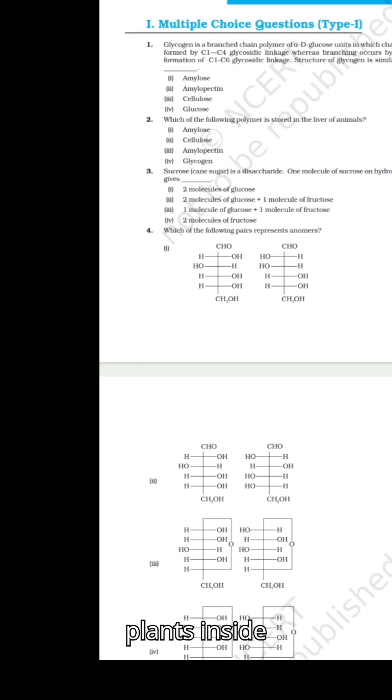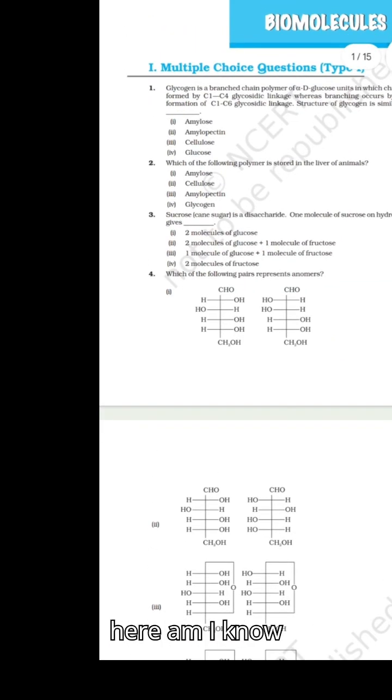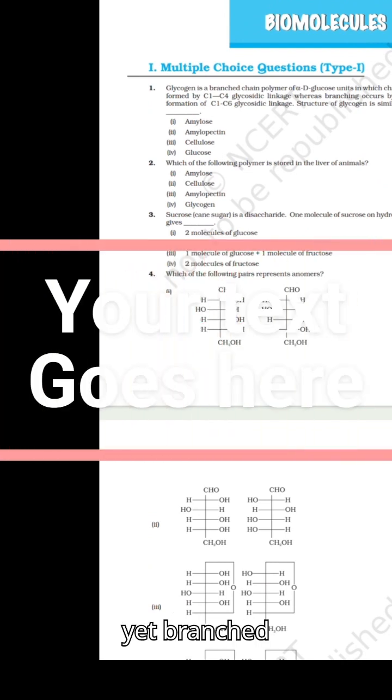That is, plants synthesize the glucose by the process of photosynthesis, and those glucose monomers are held together by alpha 1,4 glycosidic linkages, and they will produce the starch or amylose molecule. So here amylose is not a correct option as it is not a branched polymer.